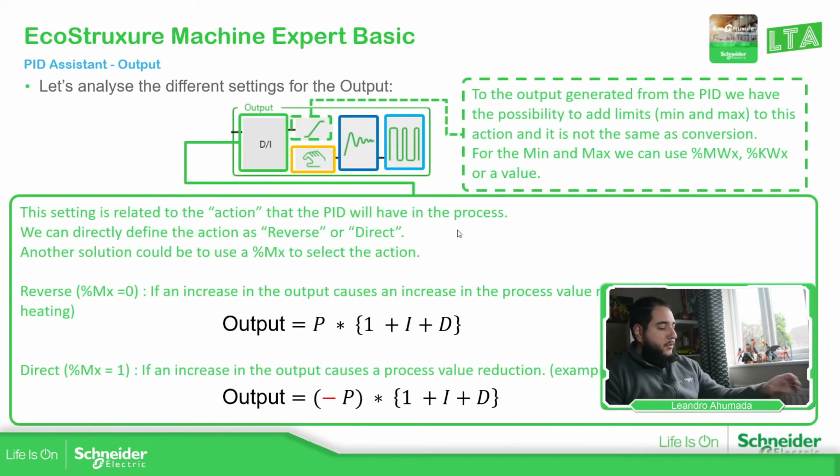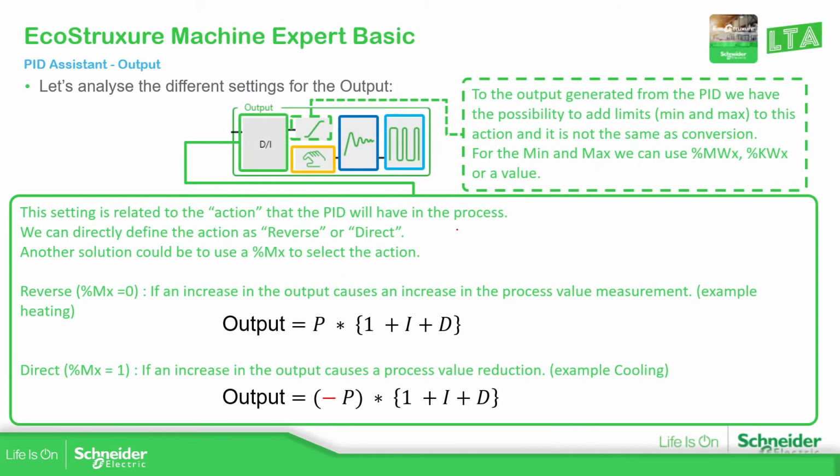Now, let's hide myself a little bit. This is a little bit more about the explanation. These are the limitations. The output generated by the PID will be within the limits min and max, so it's not the same as a conversion, as already explained.